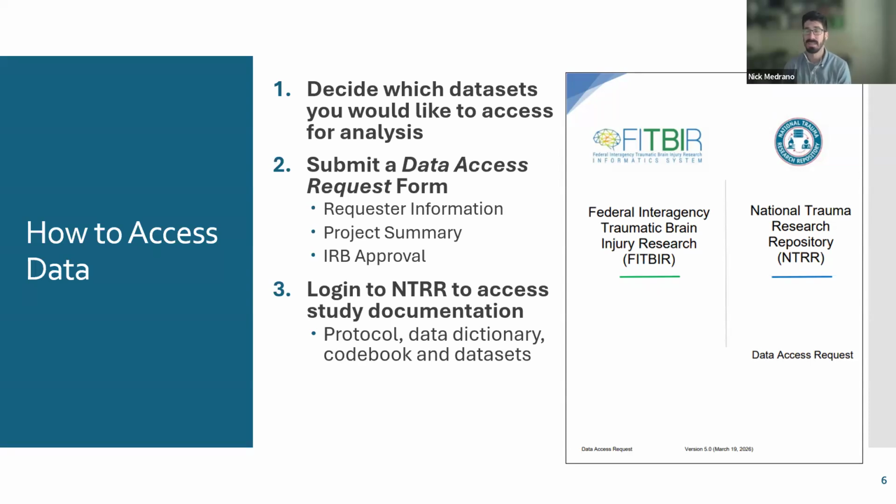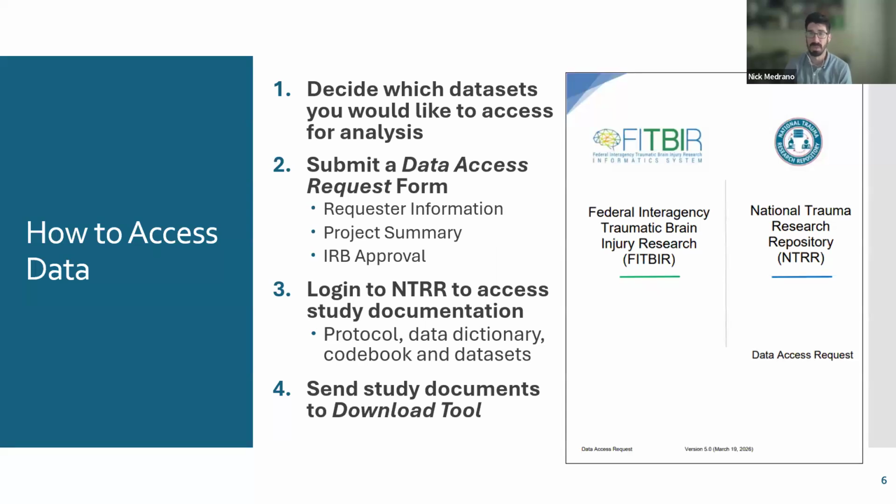Once you gain access to the system, then you would log into the system and you'd be able to access the study documentation. So this could be things like the study protocol, data dictionaries, code books, as well as the data itself. And then finally, there in the system, you can select which of these documents you would like to download locally to your device.